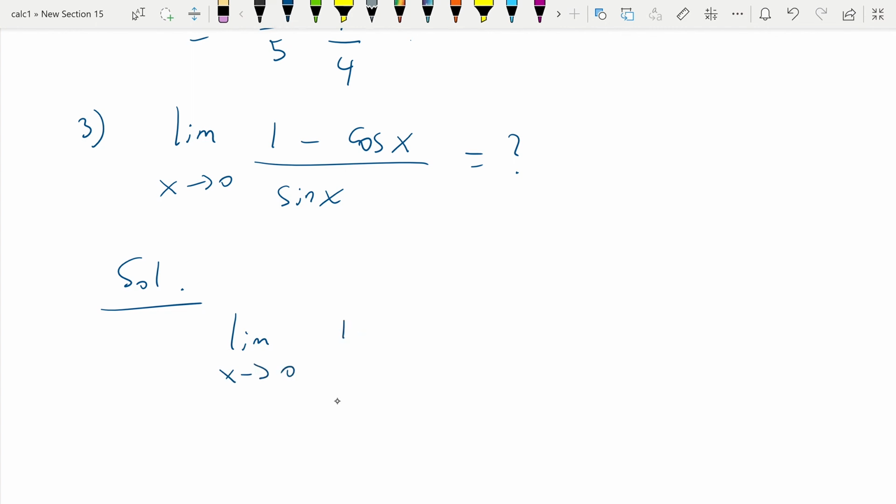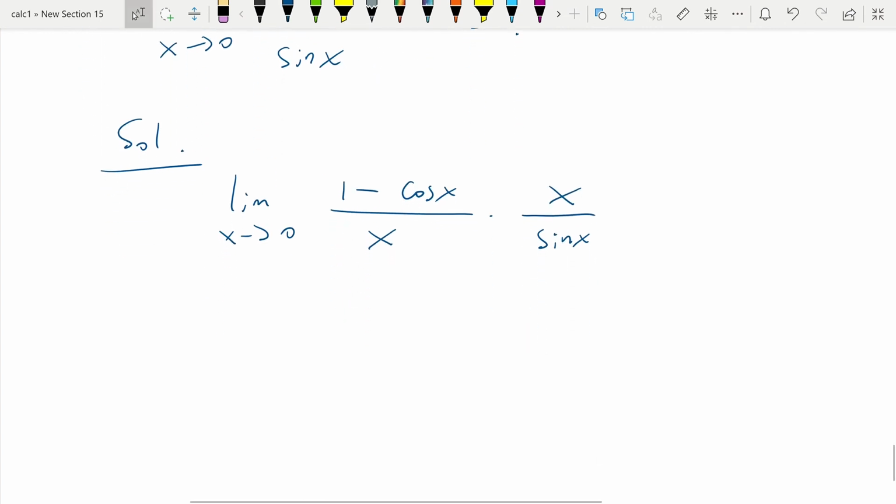So here, what we know is that 1 minus cosine x over x goes to 0. So we want to divide by x, so as to form that thing, and then we need to multiply by x. Now these 2 limits exist, and we have a product of them.